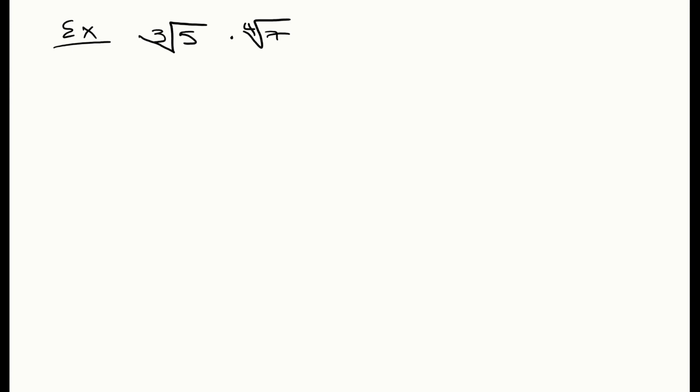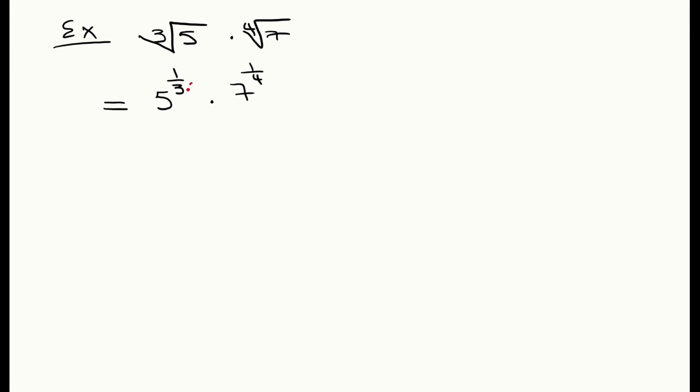Not exactly in the same manner, but there is something we can do here. Notice we can write the first radical as 5 to the 1/3, and we can write the second one as 7 to the 1/4. Now, currently those denominators are different, but if we make them the same, namely the LCD, which is 12.